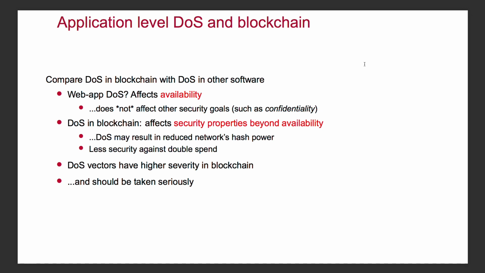So in blockchain, DoS gets this new power, and it's more powerful than elsewhere. It basically reduces security against the double spend, and resistance against the double-spend attack is the main point of the Satoshi blockchain. So DoS vectors have higher severity in blockchain.